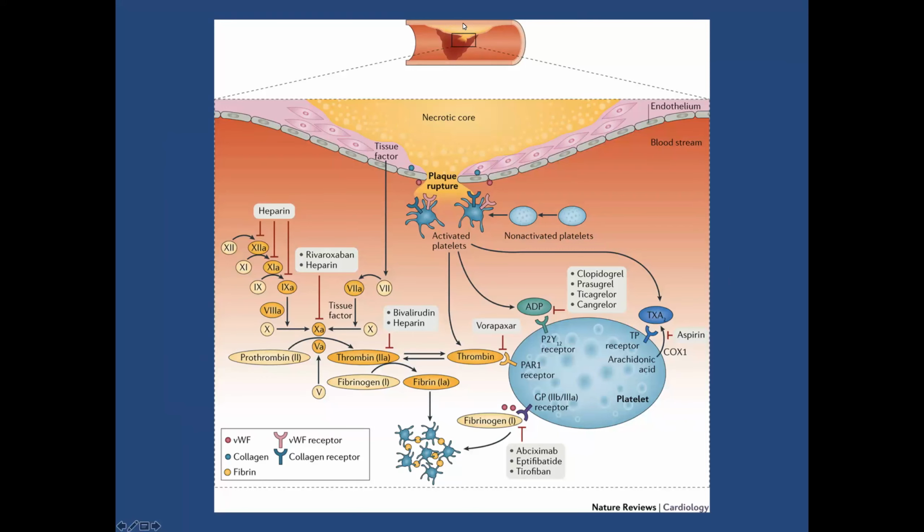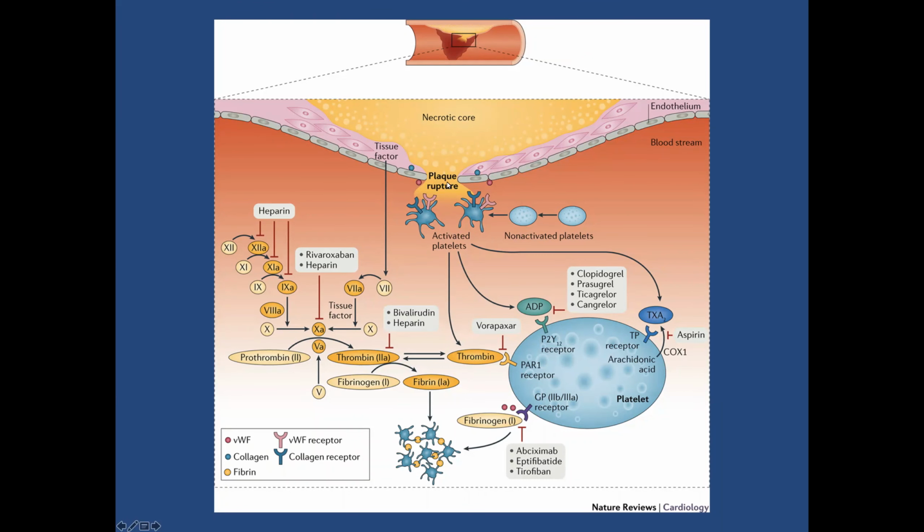This is a close-up of a blood vessel with an atherosclerotic plaque. So here we have the atherosclerotic plaque. This is the vessel wall here in gray, and then this is the bloodstream. So we have plaque rupture, erosion, or fissure. Somehow the contents of the necrotic core are exposed to the bloodstream.